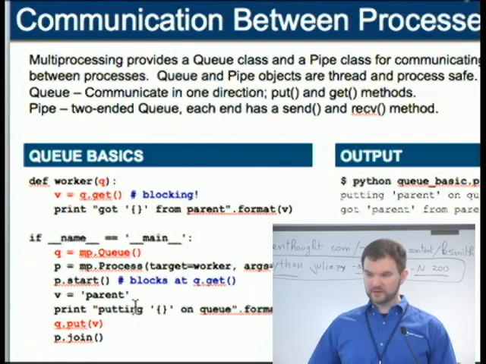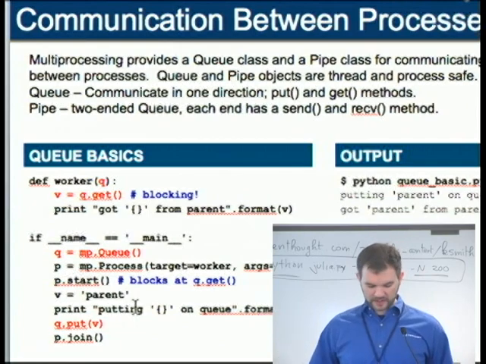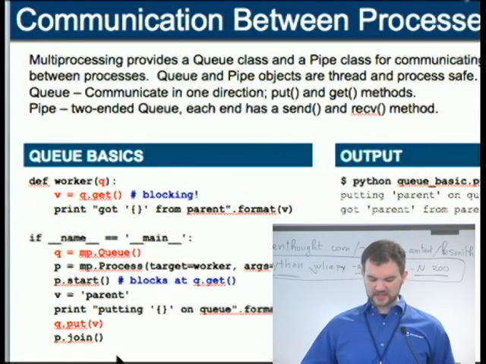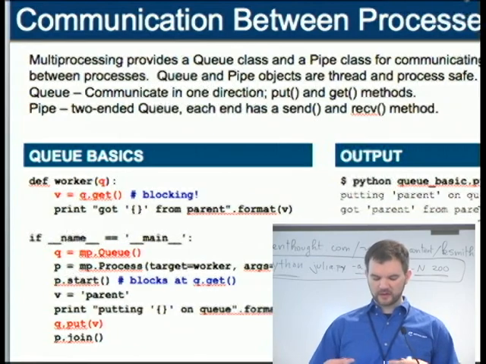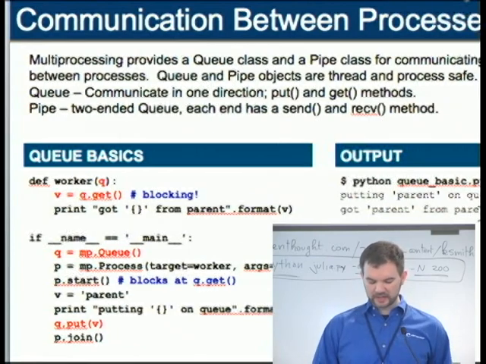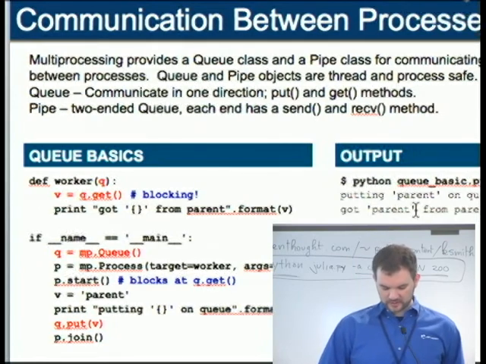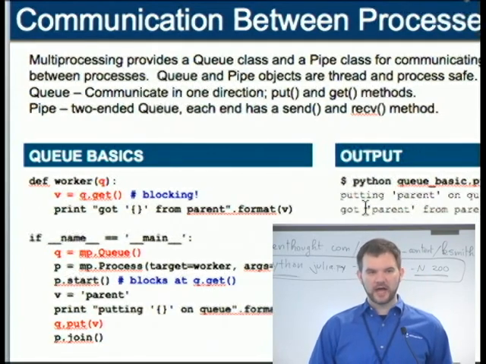We're putting something on the queue in our main process, our parent process, and you see that the child process is waiting on that queue.get line, and then it gets the parent string from the queue after it's sent over the wire to the child process.